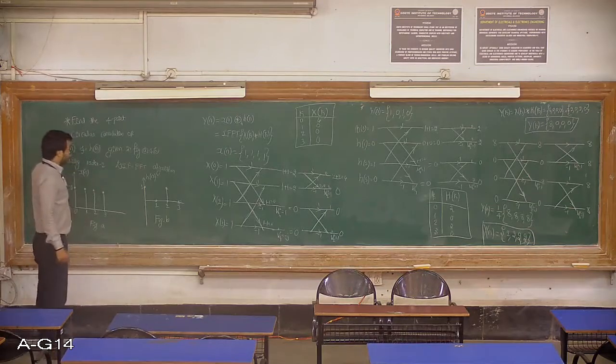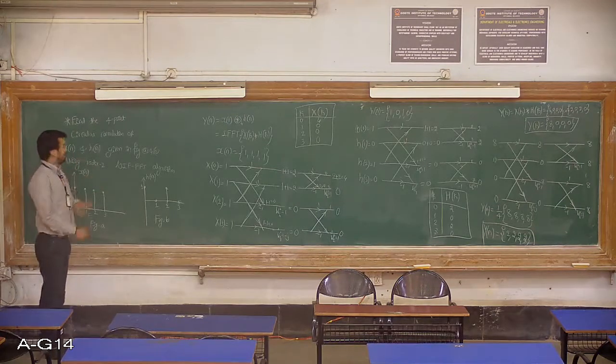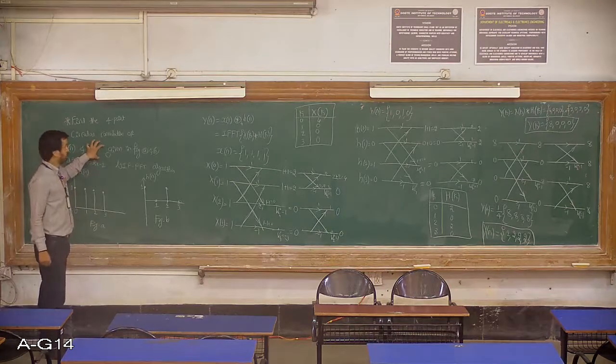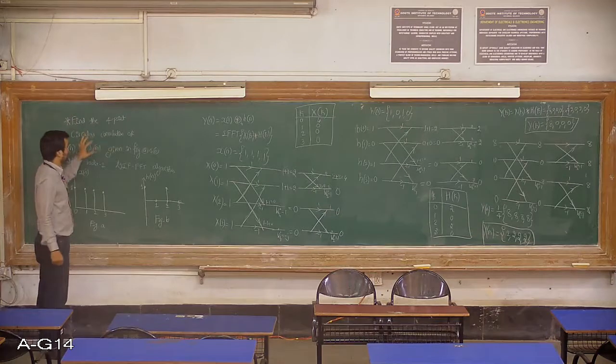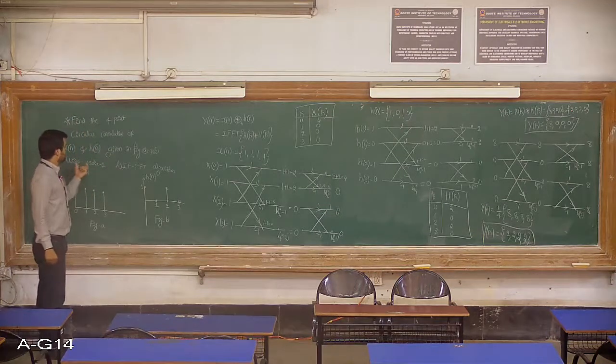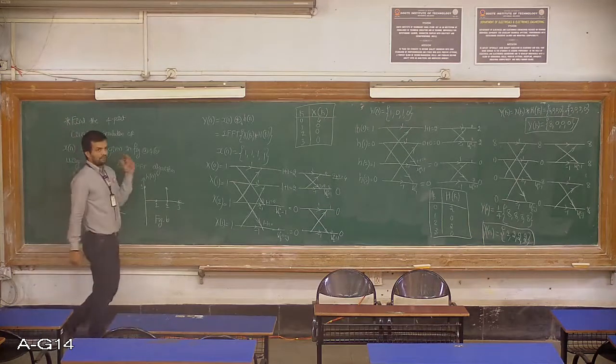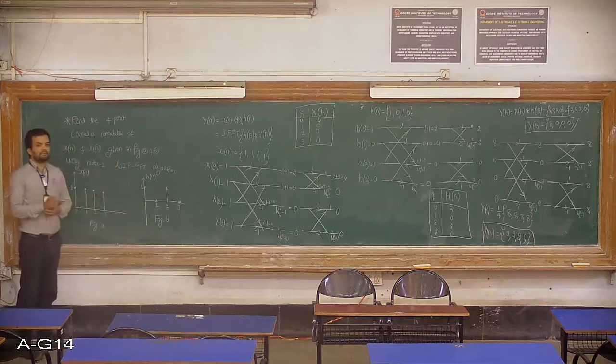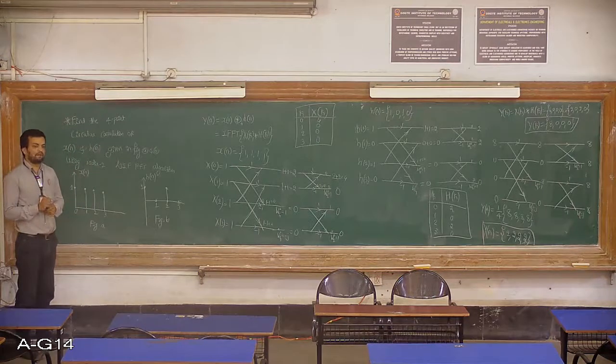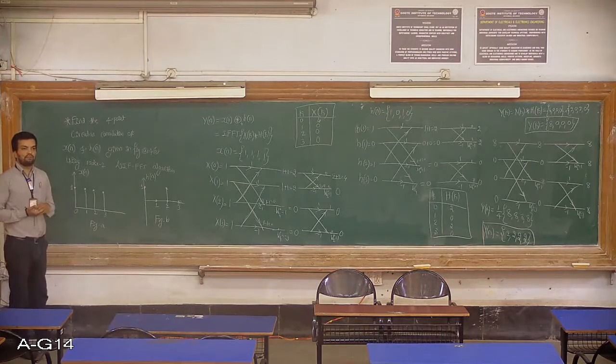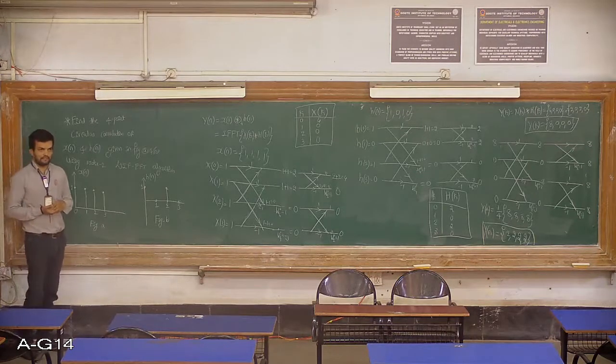The x of n, see here once again, the x of n and h of n is given. So we have to find the 4-point circular convolution using DIF FFT algorithm. So if I want to apply the DIF FFT algorithm, obviously we have to find the x of k and h of k.